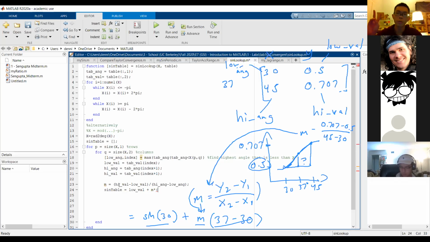What value represents our 37 degrees? It's not going to be like high, low, val, or angle. What do we put there? Well, this is going to be, by the way, low angle. What goes in this blank over here? Where's our 37 come from?